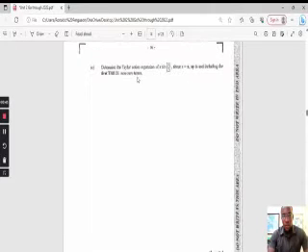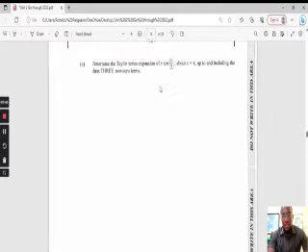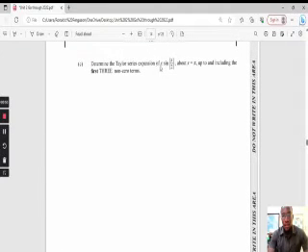Now, for this part, they said determine the Taylor series expansion for the function x sine (x over 2) about the point where x is equal to pi, and they want the first three non-zero terms. Notice they put it in bold, only three terms. The first thing I like to do is to write out the Taylor series formula.